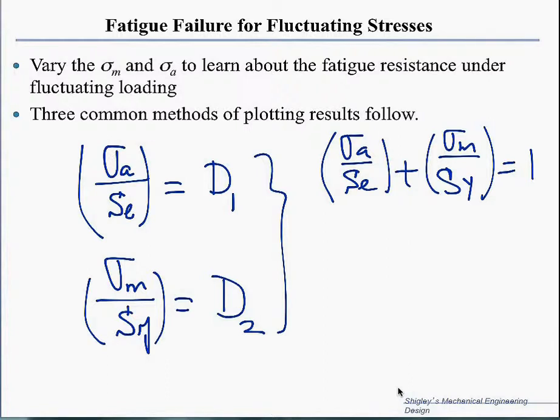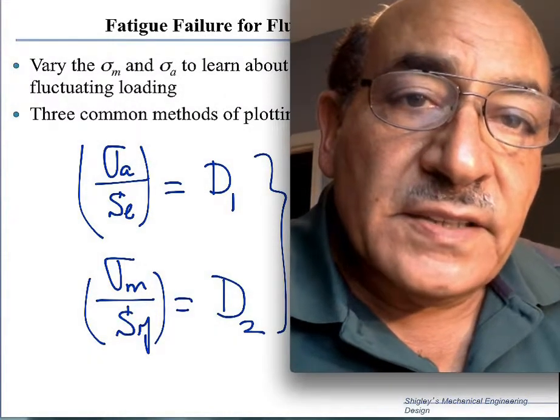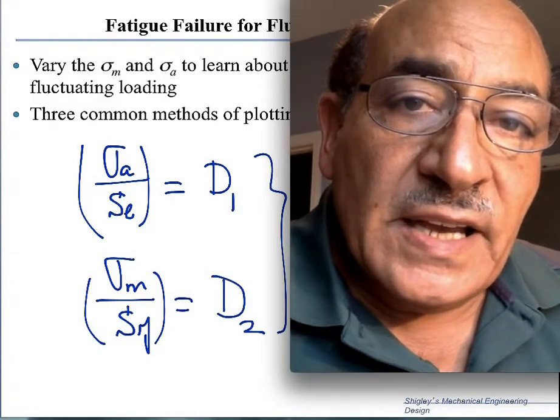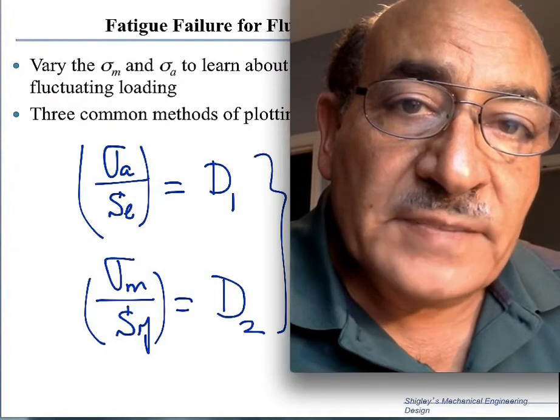There's a variety of ways to do this combination, and the variety of ways are actually dependent on how we would interpret the experimental data. So what I'll discuss here is different methods to combine both the alternating and the mean stress and then use that in a particular design.